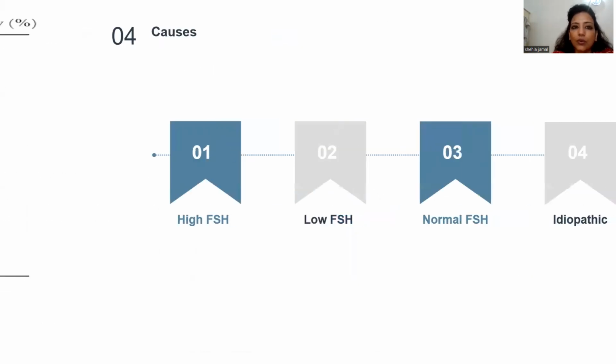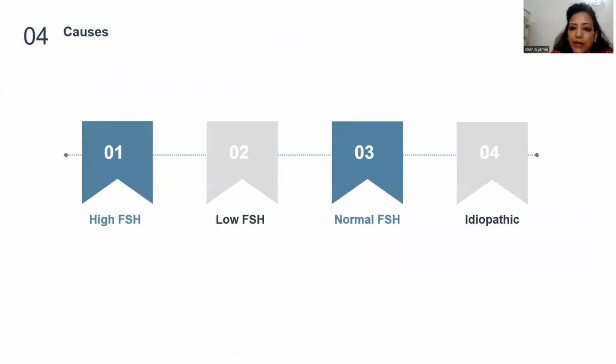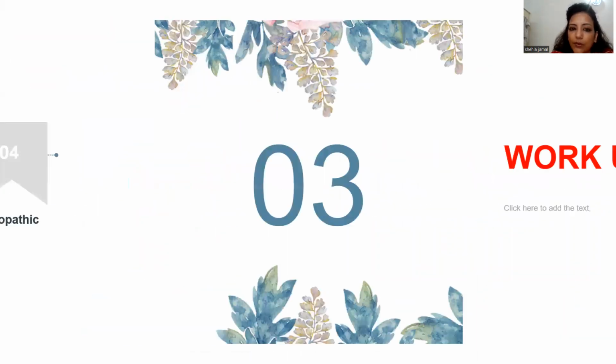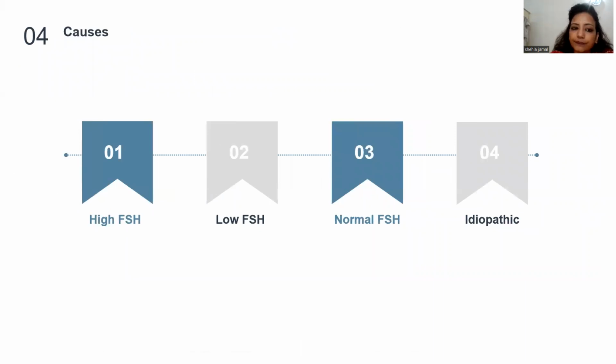So we will go to the evaluation, and first and foremost, we will talk about what is required importantly in the hypothalamic pituitary ovarian axis. It is the level of follicle stimulating hormone. If there is normal follicle stimulating hormone, it means ovaries, hypothalamus and pituitary are functioning well.